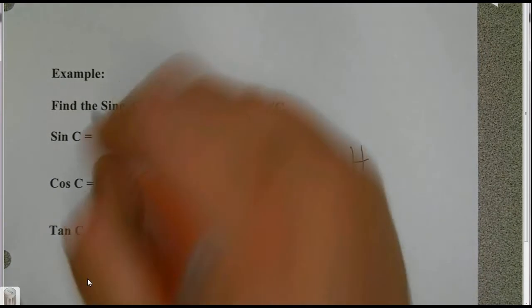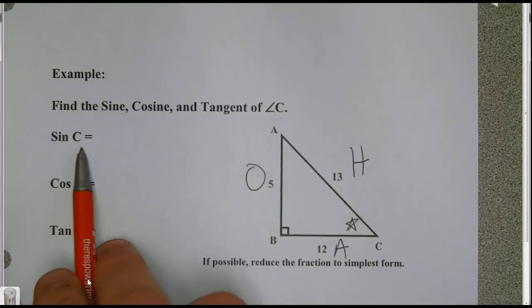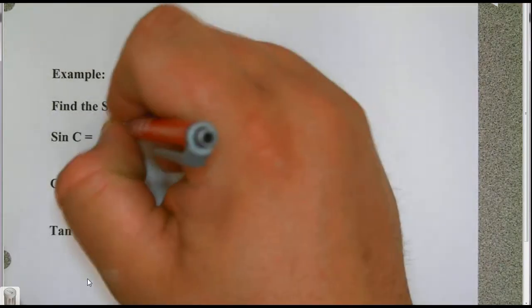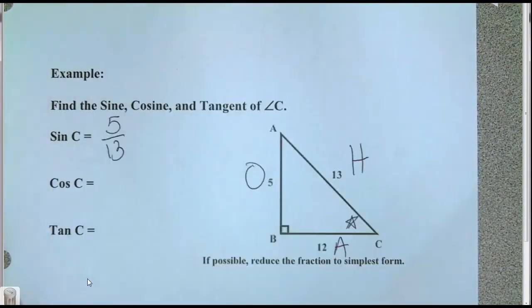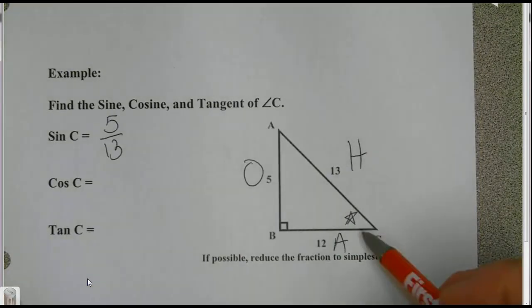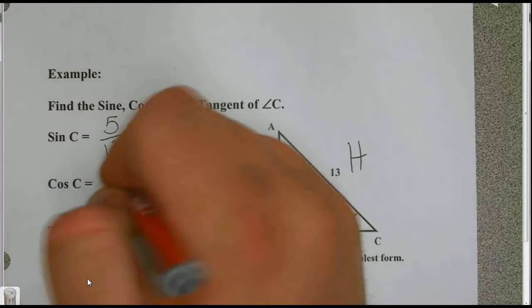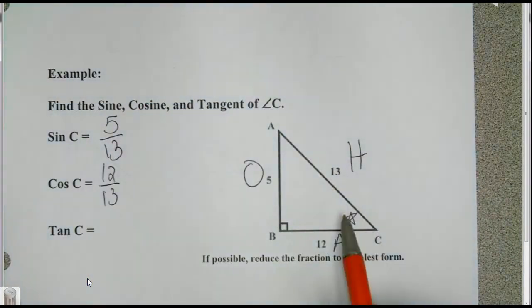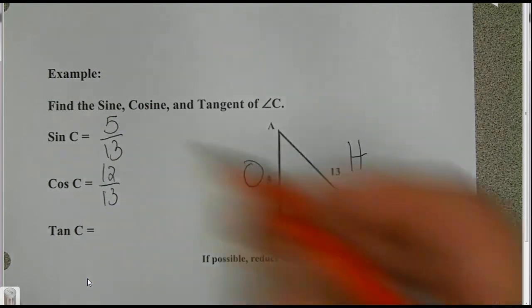So we're going to say that the sine of angle C is equal to 5 over 13. The cosine of angle C, well, that's adjacent over hypotenuse, is equal to 12 over 13. And the tangent of angle C is equal to 5 over 12.